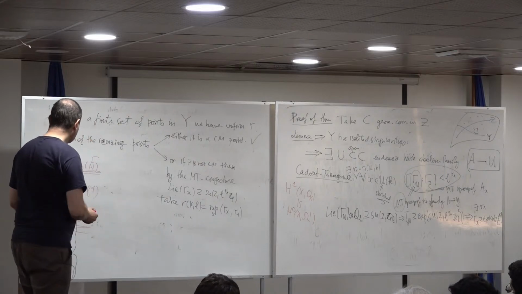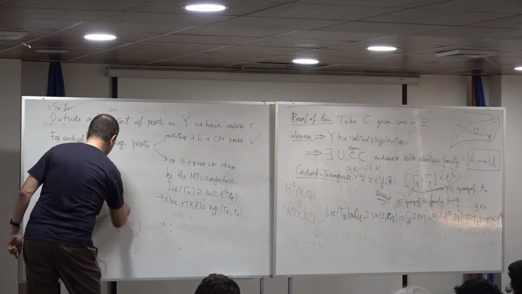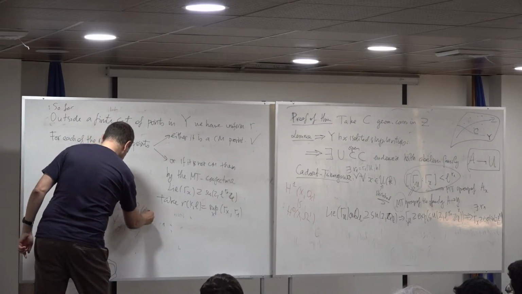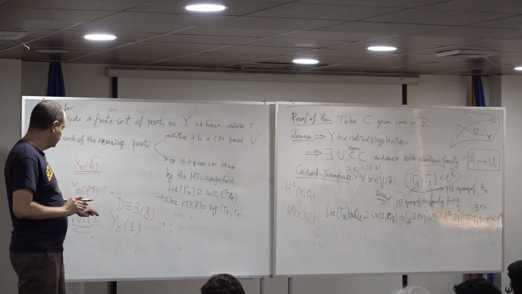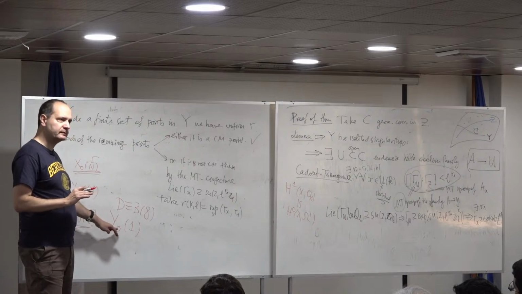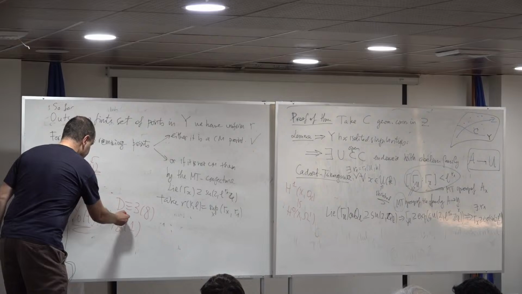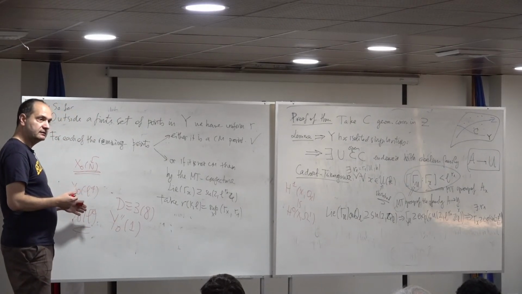So in half of the cases, let me put it this way: if D is congruent to 3 mod 8, then if you consider Gross's canonical character, you basically have a level 1 form, so level 1 is in this index 2 subgroup. But when D is 7 mod 8, the irregularity is 0.